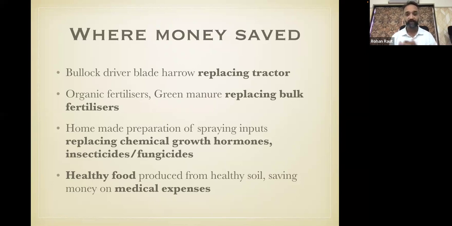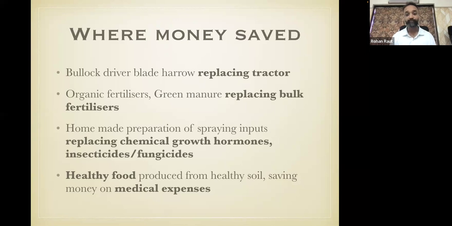Bulk fertilizers have been replaced by organic fertilizers and green manures. All sprays, fungicides, insecticides, and growth hormones, I prepare at my home because I get almost 50 liters of cow urine every day. So I have ample stock of cow urine with which we prepare all inputs for spraying on every crop.